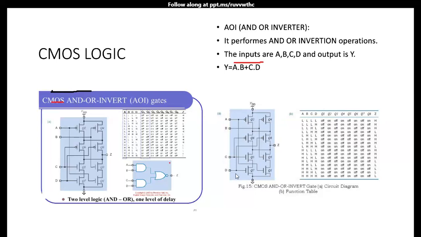What are the pull-down networks? Q1, Q3, Q5, Q7. Q1 off, Q3 off, Q5 off, Q7 off. This results in the output being pulled up to the supply voltage. Hence the output becomes high.